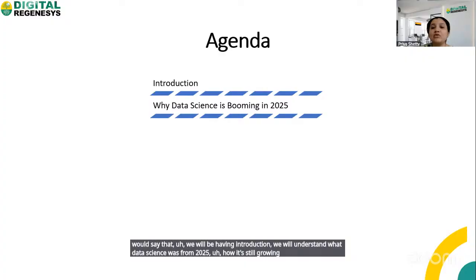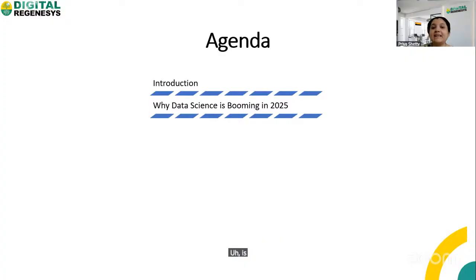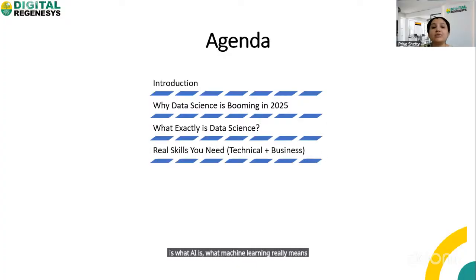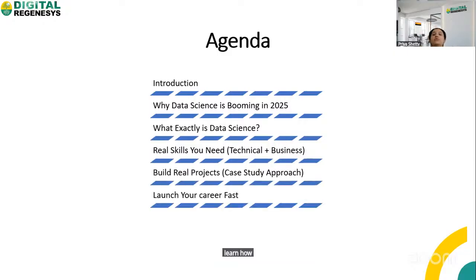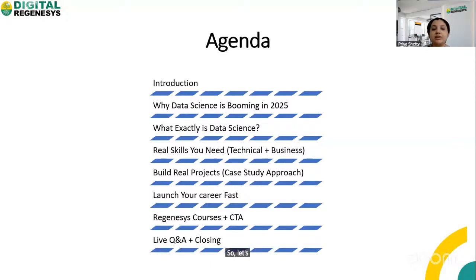Then we will try to understand what data science is, what AI is, and what machine learning really means. After that, we will look at real world applications, the learning roadmap, project building, and finally, we will learn how to launch your career faster. So let's start.